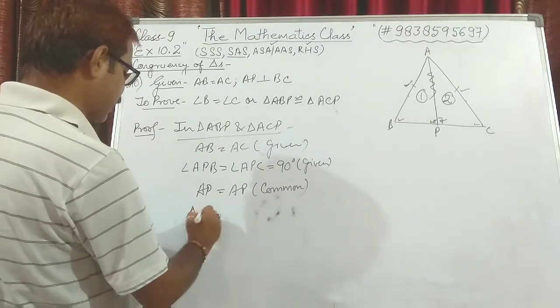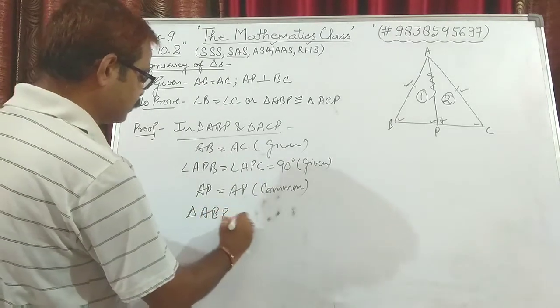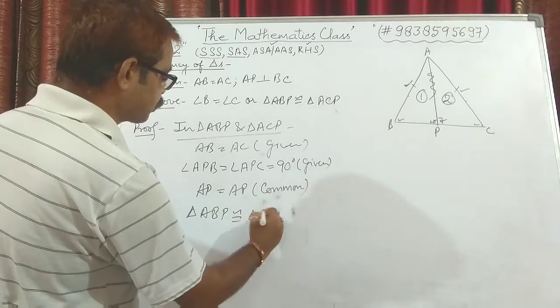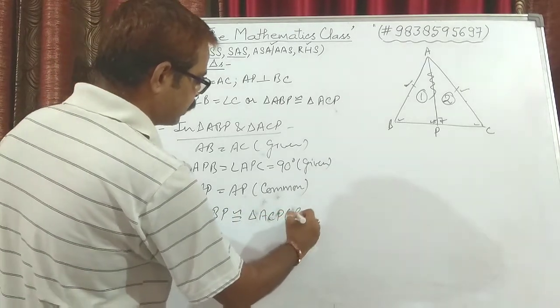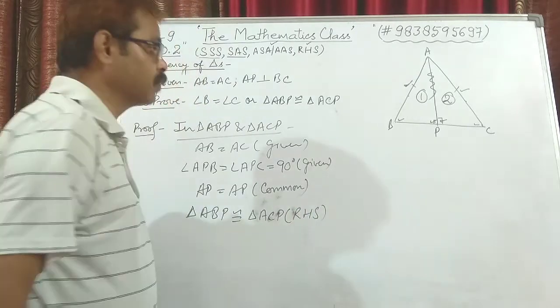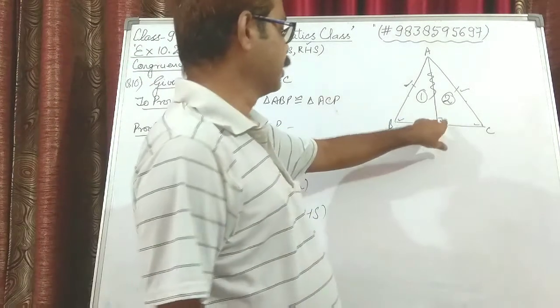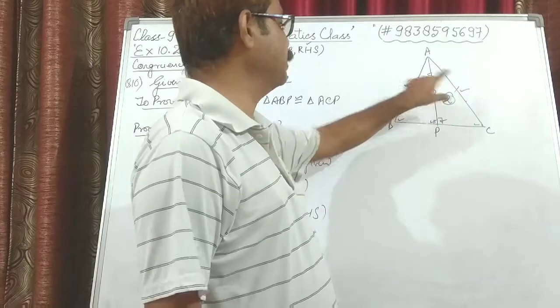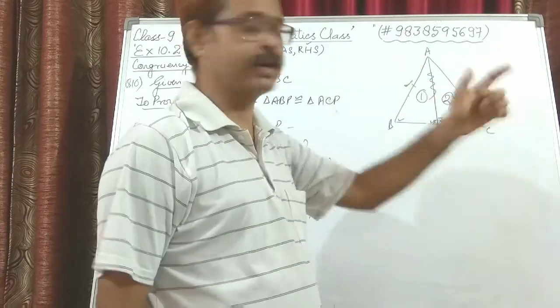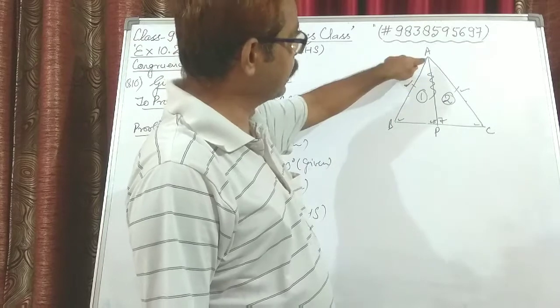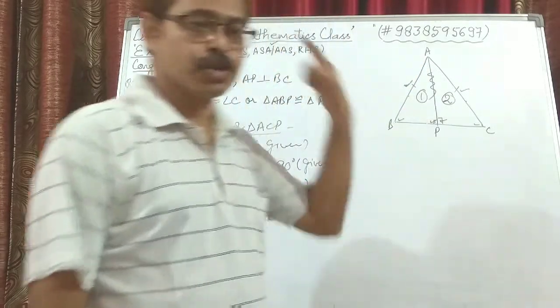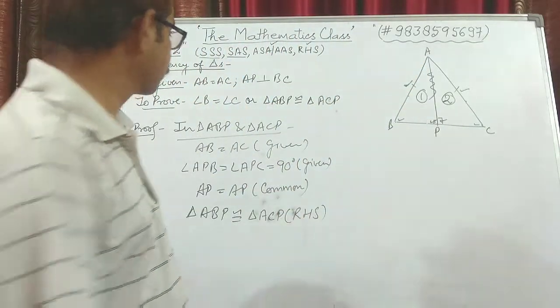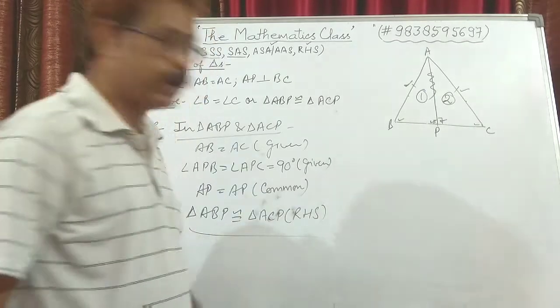So we can say triangle ABP is congruent to triangle ACP. Reason is RHS rule. What is RHS? Right angle. So these two right angles are given in both the triangles. Hypotenuse, AB and AC are the hypotenuses and they are equal, it is also given. And the common side we can take AP. So right angle, hypotenuse, side. So the triangles are congruent.